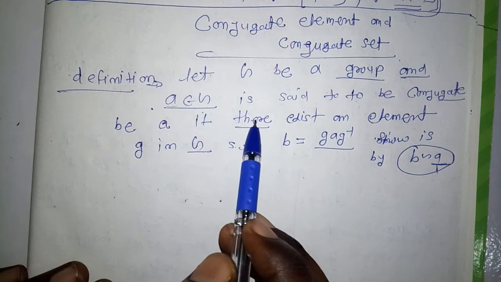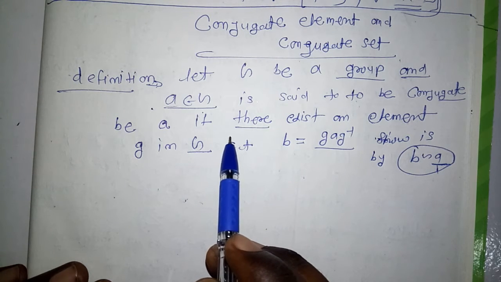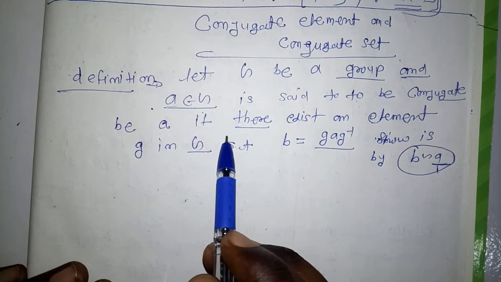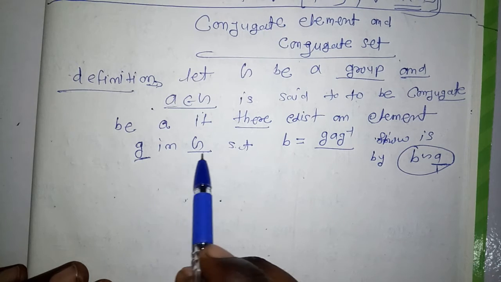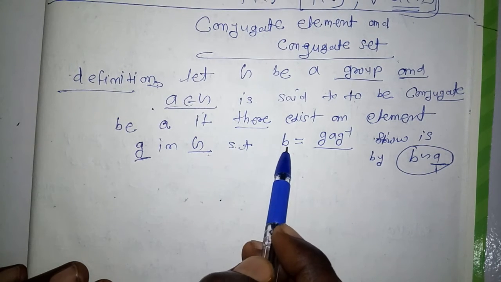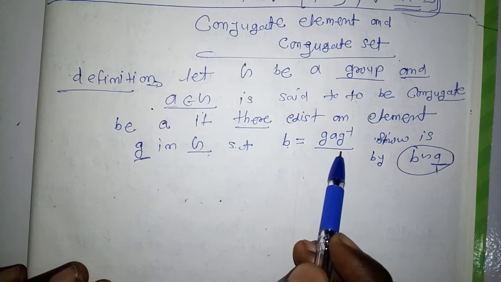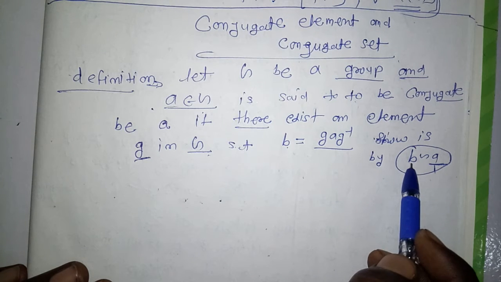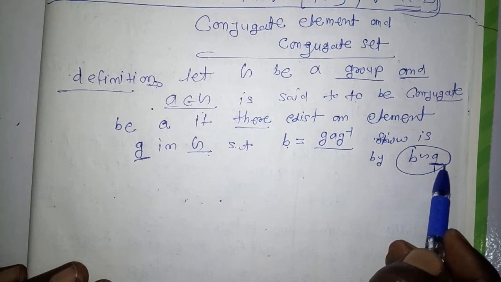Because A is any element of group G, and if another element g exists in group G, then we can write B is equal to g A g inverse, that is denoted by B, and A is a conjugate set, students.